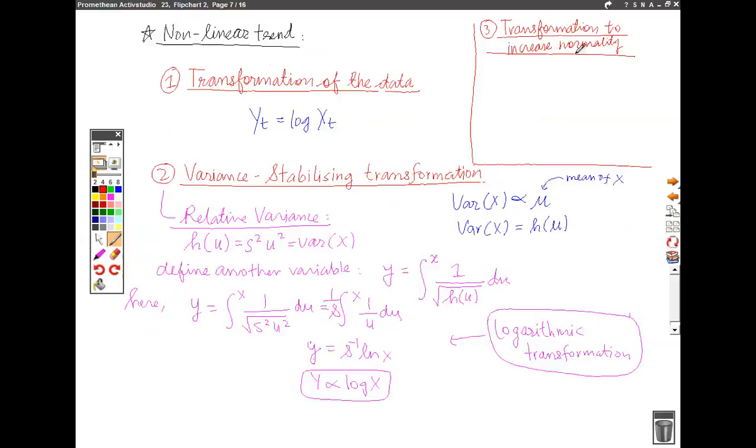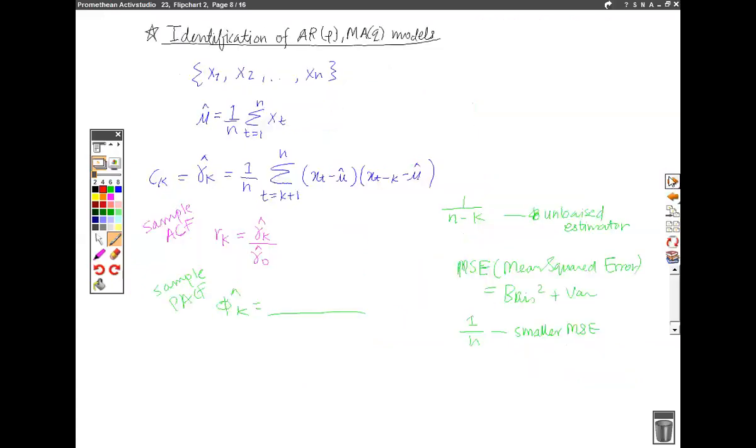And the last was to transform the data so as to increase its normality, because we know that we can only work with the forecasting models that we have if the error terms are normal. So we want to make sure that the error terms are normal.